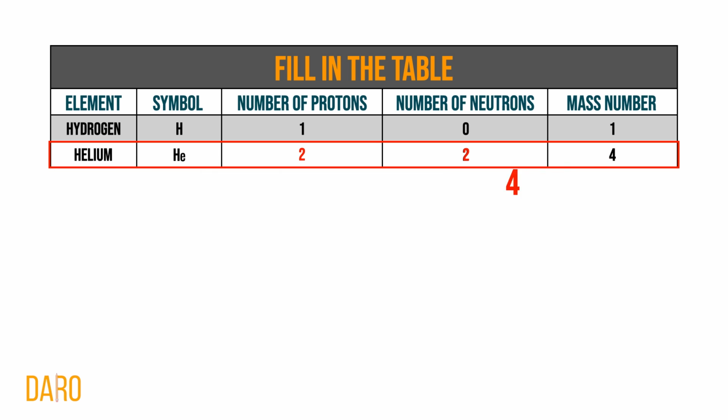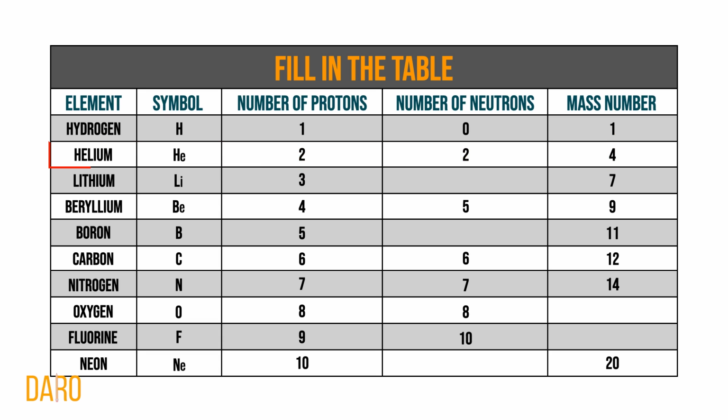If the mass number is 4 and the number of neutrons is 2, we need to calculate the difference between those to find the number of protons. This is equal to 2 and helium is second on this list. So we know this works out perfectly. You can use this method to work out all the others.